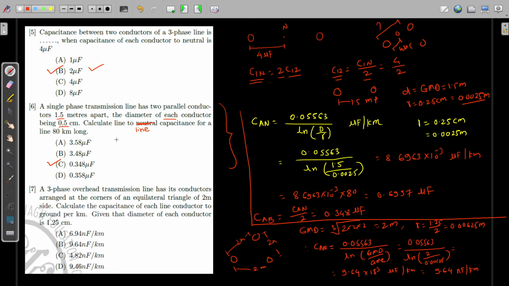We want to determine the line to line capacitance.